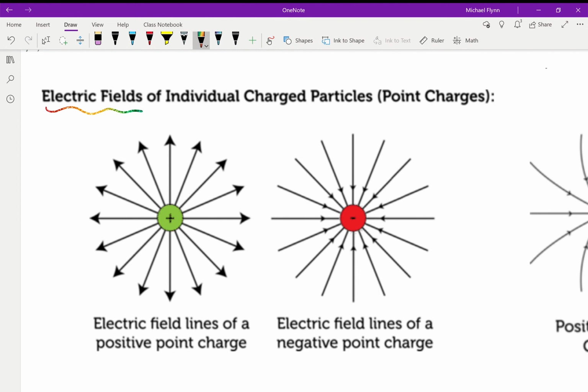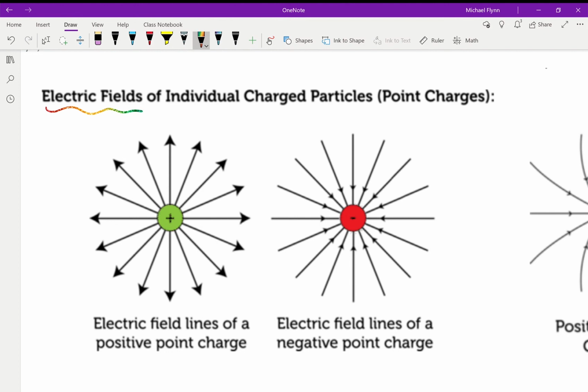And in that area, another charge will experience a force. So that's the definition of a force field. It's just an area in which another object, if placed in that area, will experience a force because of the field that's present, like the electric field in this case.